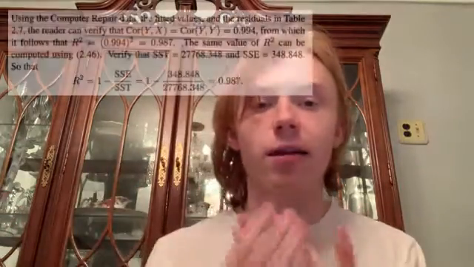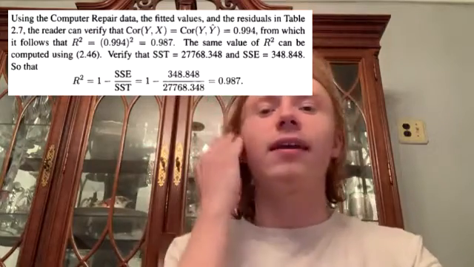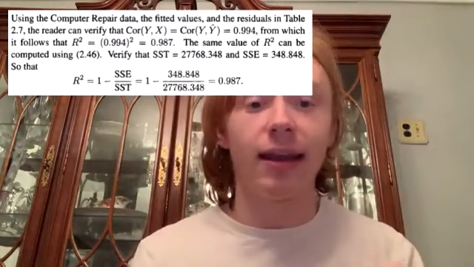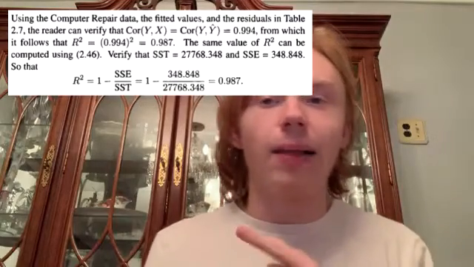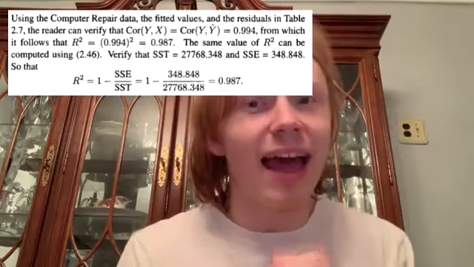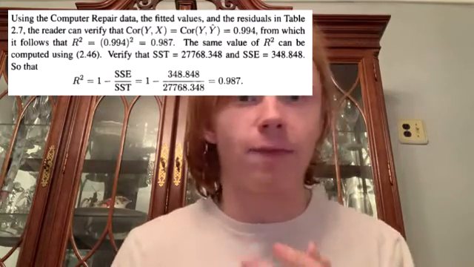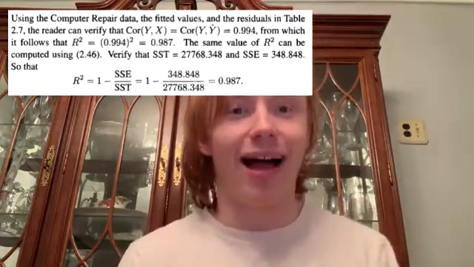Here is the computer repair data from earlier expressed in these terms, revealing a quite high goodness of fit index. This value of 0.987 reveals that 99% of the total variability in y is accounted for by x. Now that's quite high.